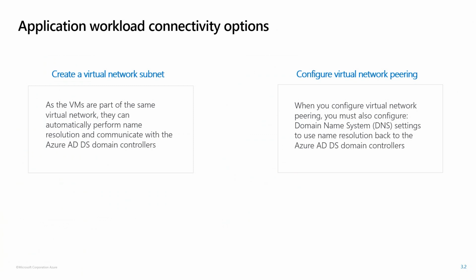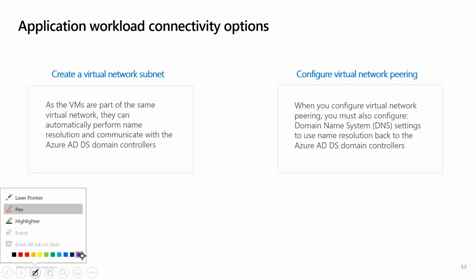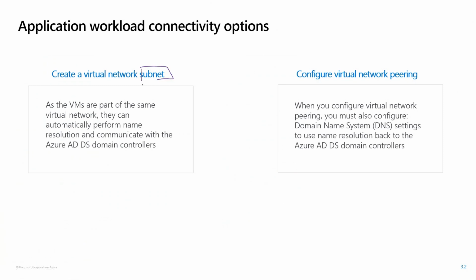Network connectivity can be provided in one of two ways. You can create a virtual network subnet, so a smaller isolated version of a larger VNet. Remember, a subnet is going to be a segment of the larger virtual network.